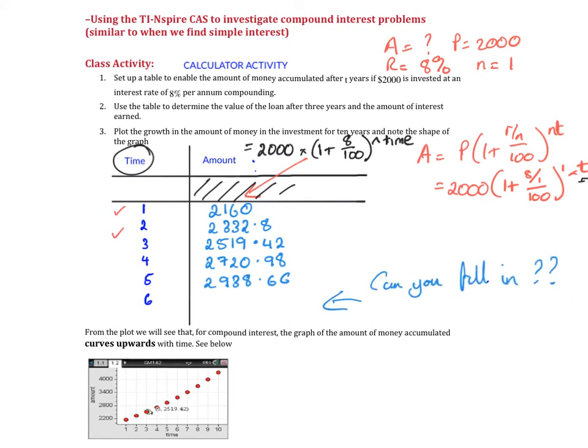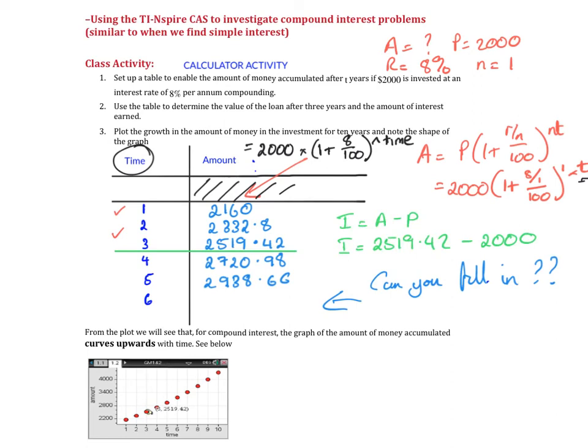So you can see there that as the years go up every year, and remember we are only accruing annually at this stage, that the actual amount in your account is also increasing. And we've talked about that before. The question says use the table to determine the value of the loan after 3 years and the amount of interest earned.